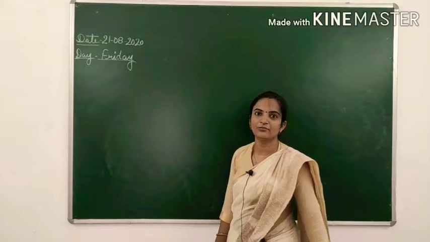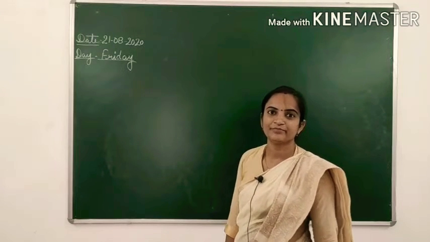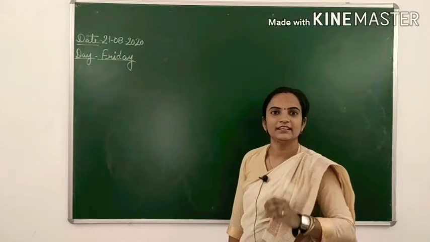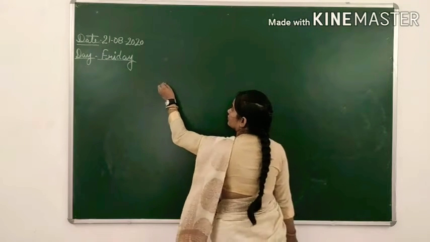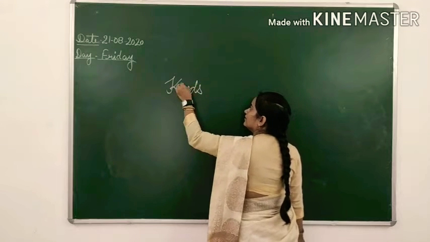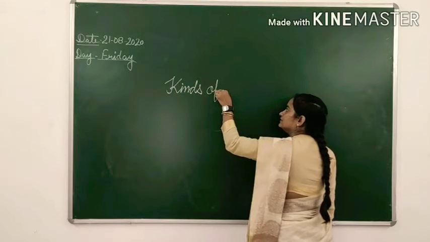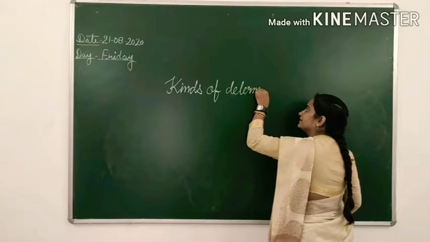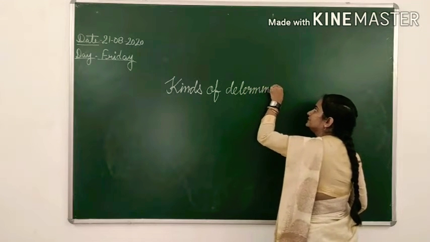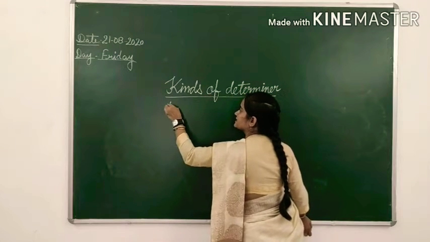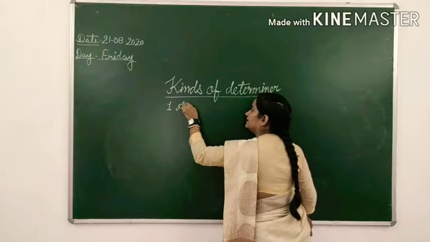Let's come to know about the kinds of determiner, and then we will learn all the kinds of determiner in detail. Kinds of determiners. First is article.